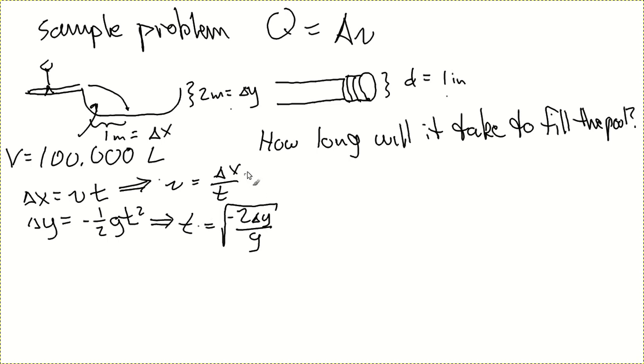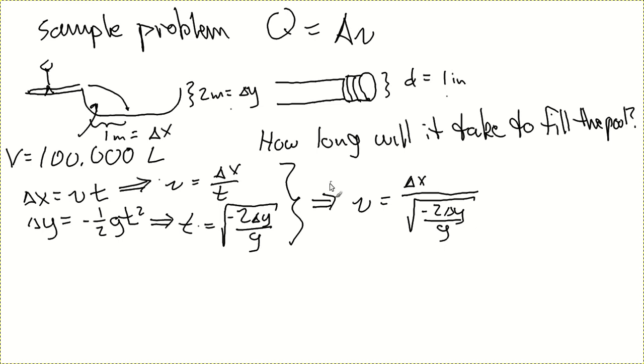So substituting that into here, putting them together, we get v equals delta x divided by the square root of minus 2 delta y over g. Okay, I won't put any numbers in right now except to note that we now have the velocity. All these are knowns.